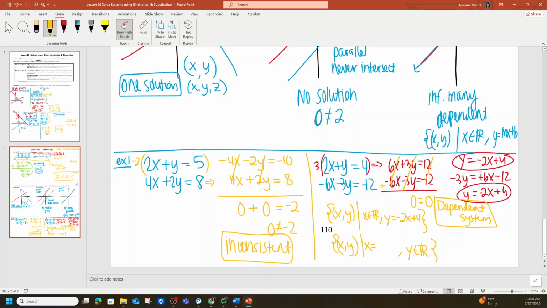So could I manipulate this and decide what x would behave like? You can. So you can sit there and solve for whatever variable you want. So let's just take this and let's minus the 4 over and make this y minus 4 is -2x, and then divide by -2 and divide by -2. So what does x behave like?